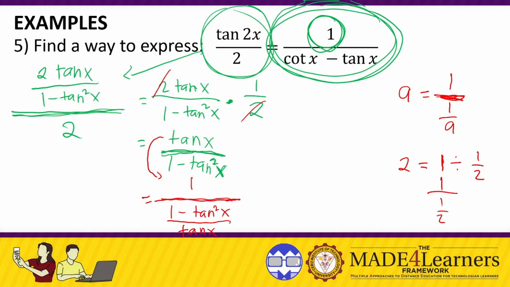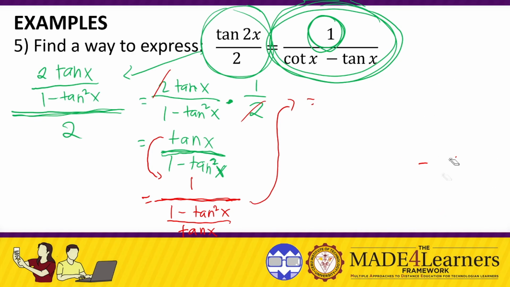Okay, since we have done that, we can actually continue here. We can now operate in the denominator. We have already 1 in the numerator. So in the denominator, we can separate. We have 1 over tan x minus tan squared x over tan x.